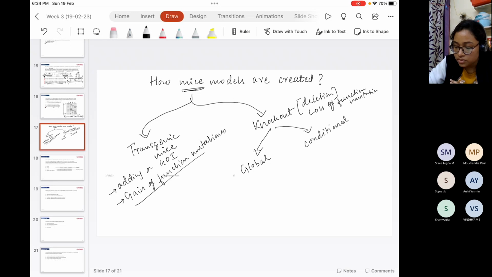So if you know that a particular genetic disorder is due to gain of function mutation, where a protein or a gene has gained a novel function, then you can actually create an animal model.